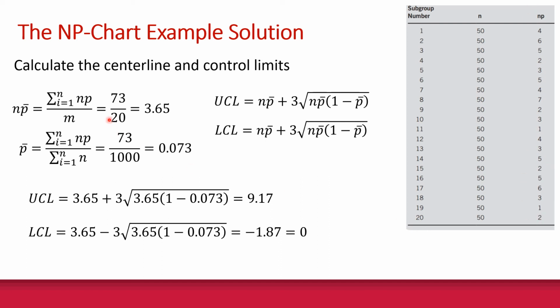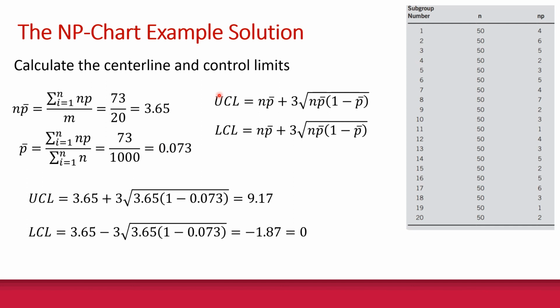If you add all those up again, you get 73. The sum of n is just counting up the second column, 50 plus 50 plus 50, all the way down. So it's 50 times 20, because we had 20 subgroups, so that's 1,000. So the probability of one of those being bad is 0.073.